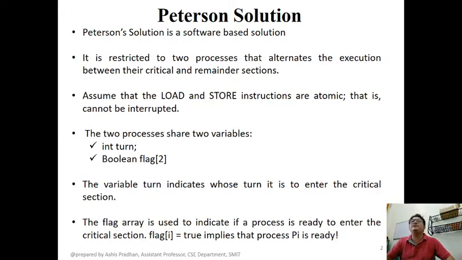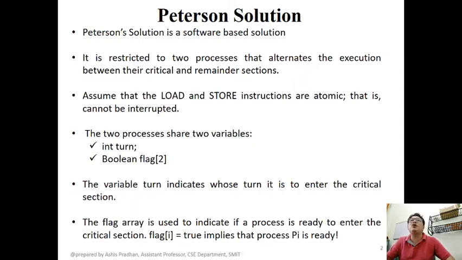Another important term that you need to understand through this slide is the atomic operation. So what is the meaning of atomic operation? Atomic operations are the operations which cannot be preempted or interrupted. For example, suppose you are executing any instruction like A equals B or B equals C, or any load or store instruction. Load means you are trying to load the data from the computer memory, and store means you are trying to store the data into the computer memory from the variable or the register.